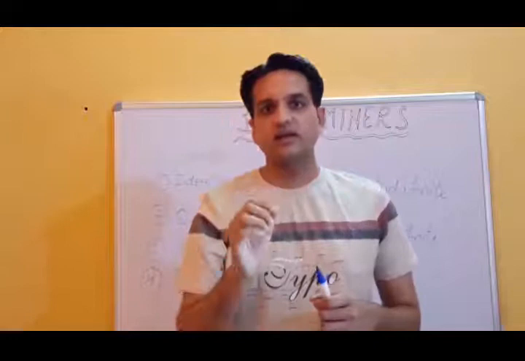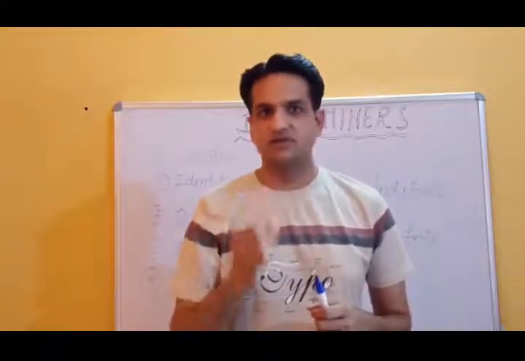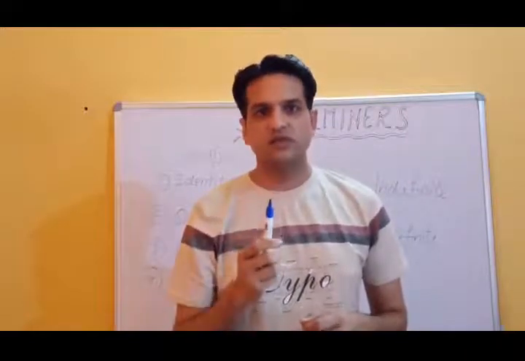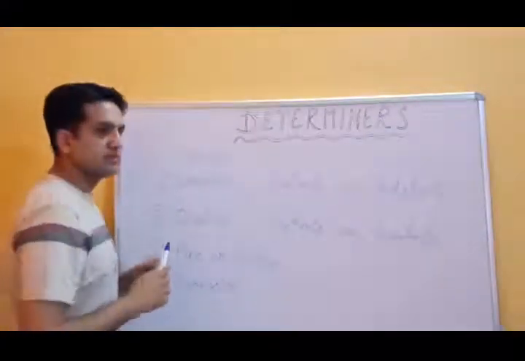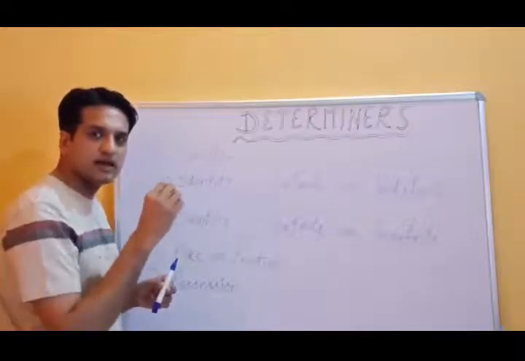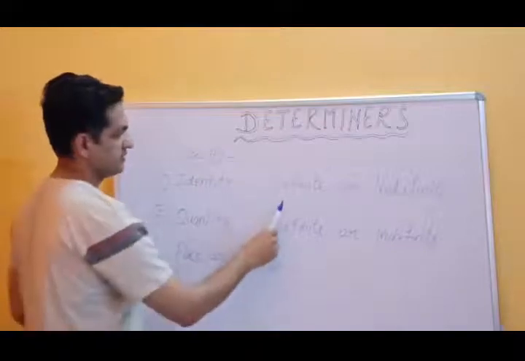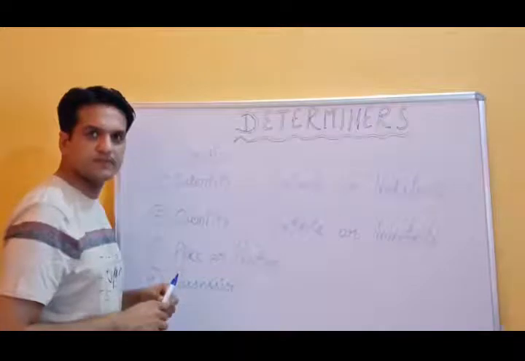In that way, we need to take the help of determiners. We need to use the determiners. Let us see how determiners specify a noun. Identity. Sometimes we need to specify the identity of nouns, whether they are definite or indefinite.